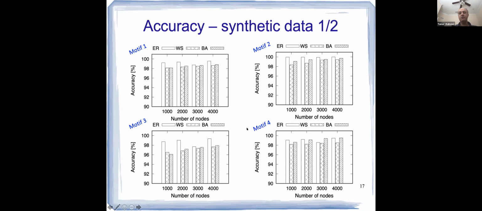In all of them, our method has an accuracy from a lowest point of 96% up to about 100%, so very high accuracies. We also observe that for larger networks, our accuracy seems to do better.